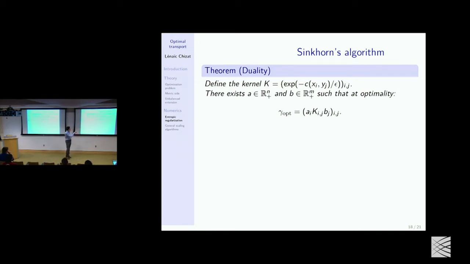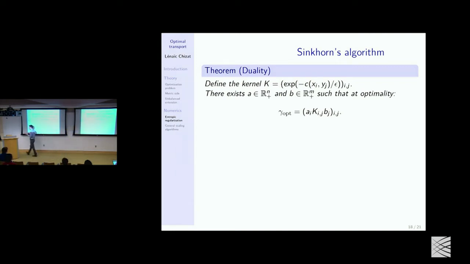Here, K is a matrix where I've taken my cost matrix and applied a transformation to each of its entries: I've taken the exponential of minus the cost over epsilon. And then there is a theorem which tells me that my solution will be written as a rescaling of K. I will rescale the rows by some positive factors a's and the columns by positive factors b's.